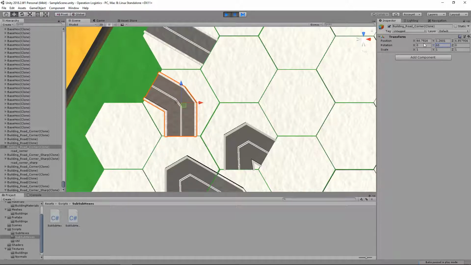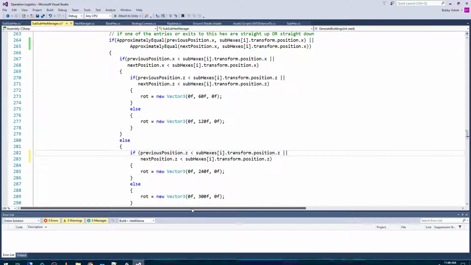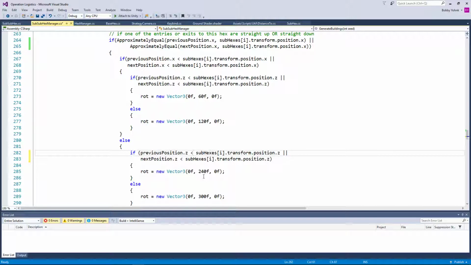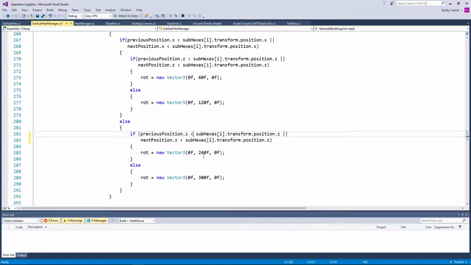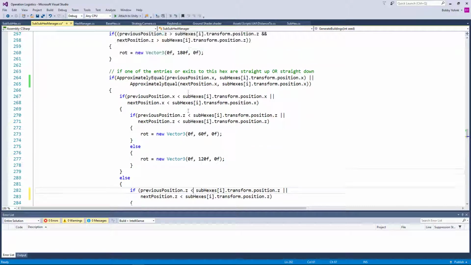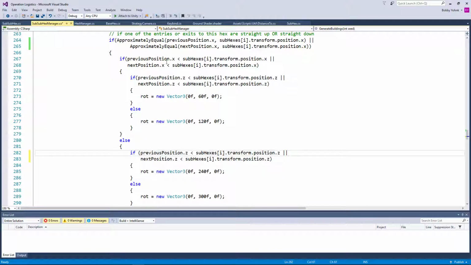We would go to just 120? Yeah. So if Z is less than, we would go to 120, theoretically. Although position.x is less than... Okay, so we know previous position.x is less than up here.